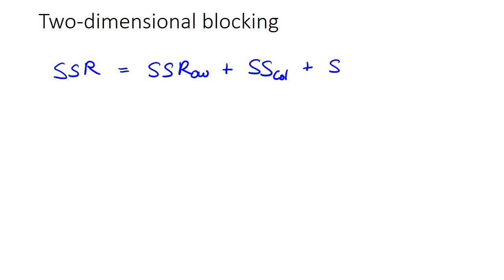In this case, we partition the residual sum of square into the sum of square due to rows and the sum of square due to columns and the sum of square due to random residuals.